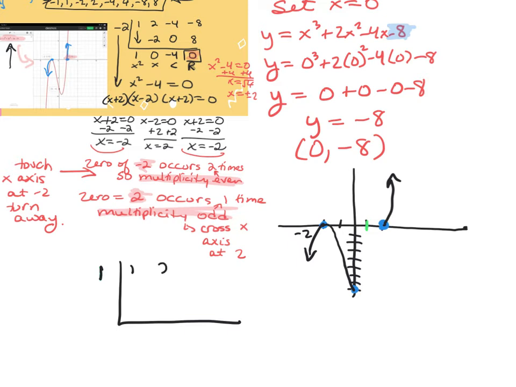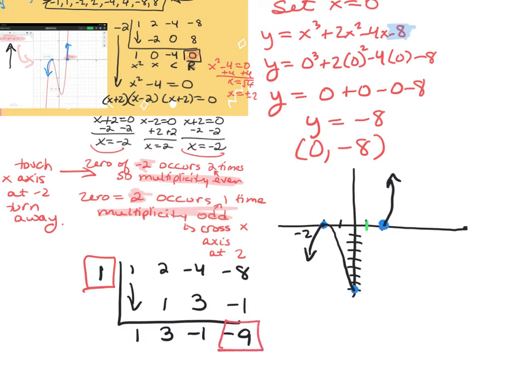So 1, 2, -4, -8. Bring down, multiply, add the column, multiply, add the column, multiply, and I get -9. So I can graph the ordered pair (1, -9).